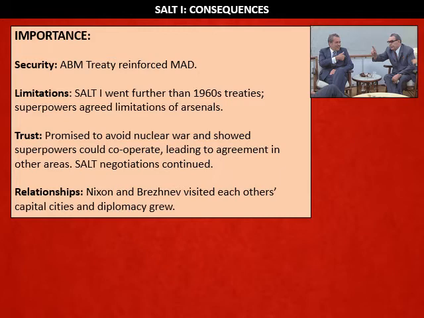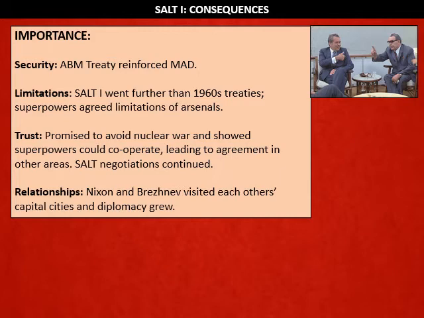It went further than previous treaties had, with the superpowers agreeing limitations on their nuclear arsenals. It built trust between the two sides, and it showed the leaders that both sides, their opponents, would negotiate and there was a point to talking.